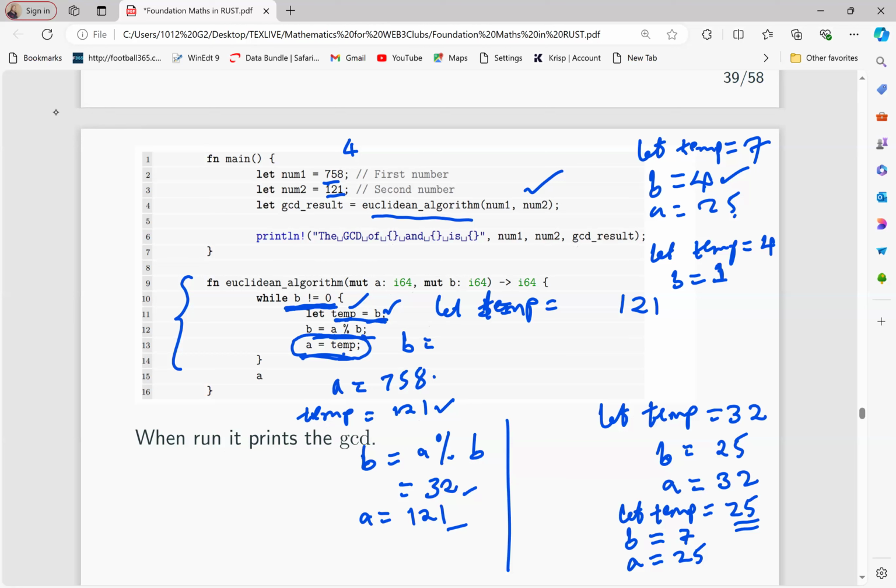And what about A? A becomes 4. So then this is now the last step. We let our temp be B, which is 1. Our B is now 4 on division by that, and the remainder is 0.